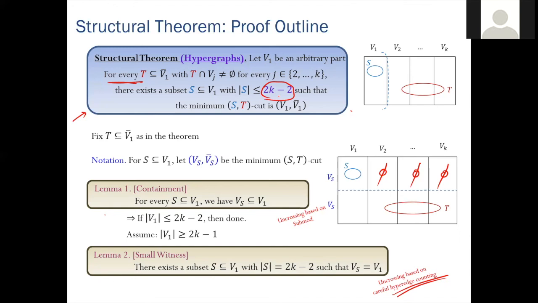One of the reasons why we wanted to explore this approach was to prove that it would work for submodular K partition, but we failed miserably on that front. But as we were doing some experiments, we realized that it seems to hold for hypergraphs with this kind of bound, the 2k-2 bound, and that's how we set about trying to prove the structural theorem. That's why we had to settle for this problem.